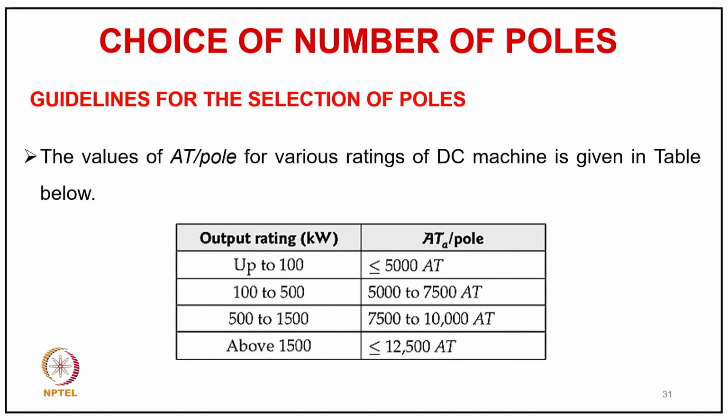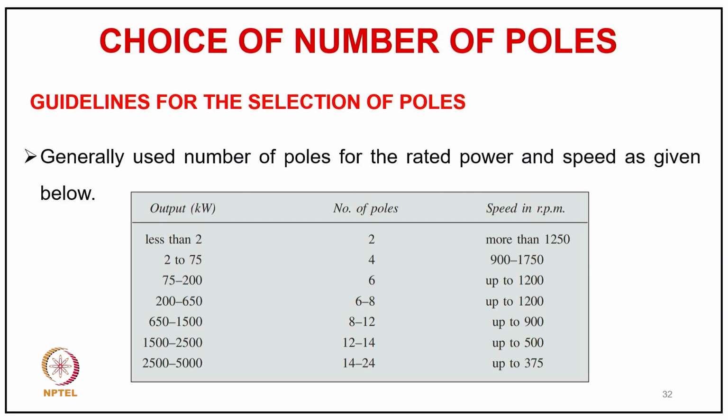So the value of ampere turns per pole for various ratings of DC machine is given here in the table. Up to 100 kilowatt, this should be less than 5000 ampere turns, and when it is above 1500, it should be less than 12,500. So it's a range of 500 to 12,500 ampere turns.